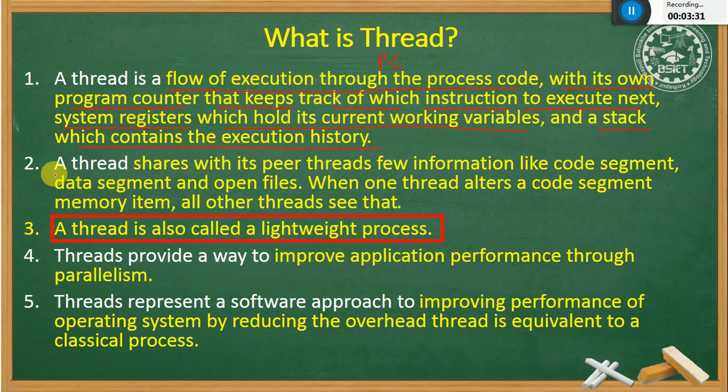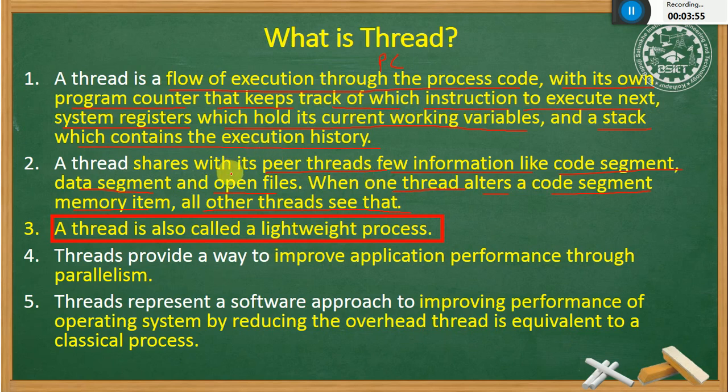The next point about the thread is that a thread shares with its peer threads some information like the code segment, data segment, and open files. When one thread alters a code segment or memory item, all other threads see that.